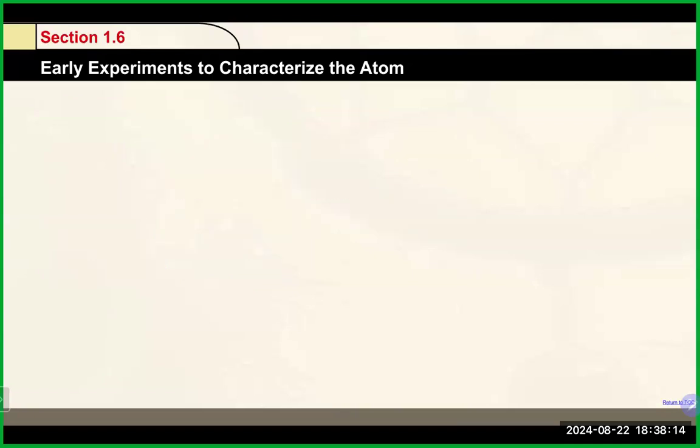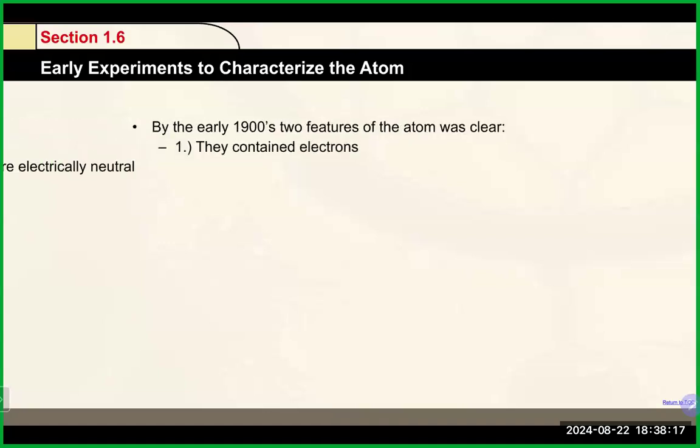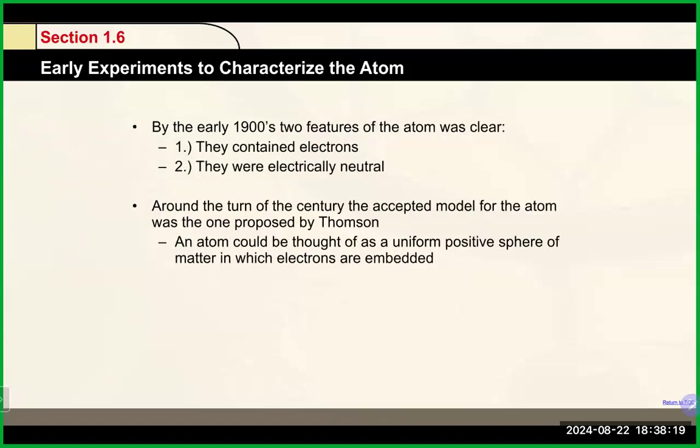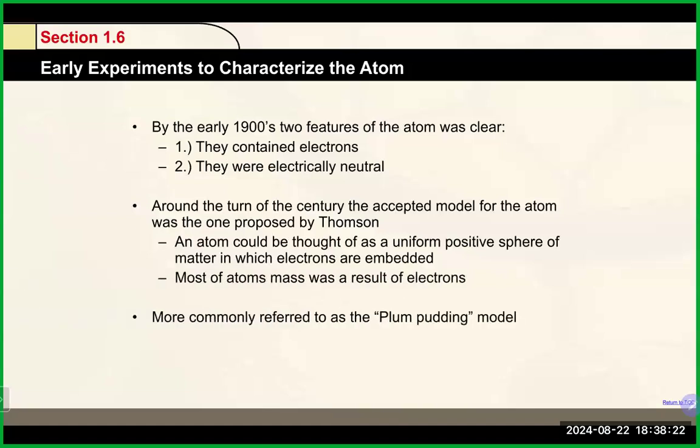So this leads us to the idea that by the early 1900s, the atom definitely contained electrons through these experiments, and that atoms were electrically neutral. So clearly, if the atom contained negatively charged electrons and is electrically neutral, meaning it has no charge overall, it must contain something positively charged to balance out the negative charge from the electrons.